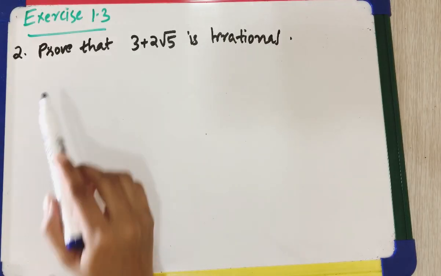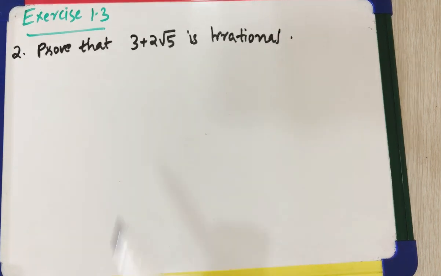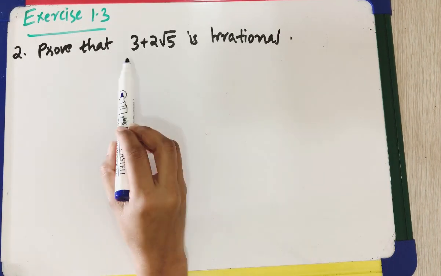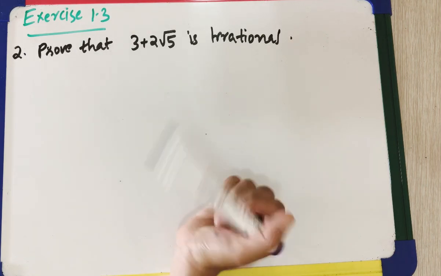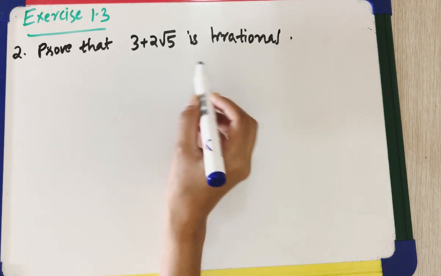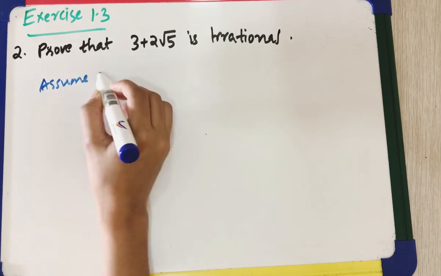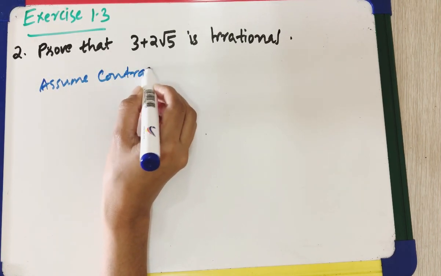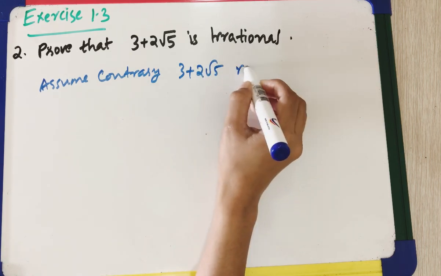Next question. Prove that 3 plus 2 root 5 is irrational. We can prove this using the fact that root 5 is irrational. As usual, assume the contrary that 3 plus 2 root 5 is rational.